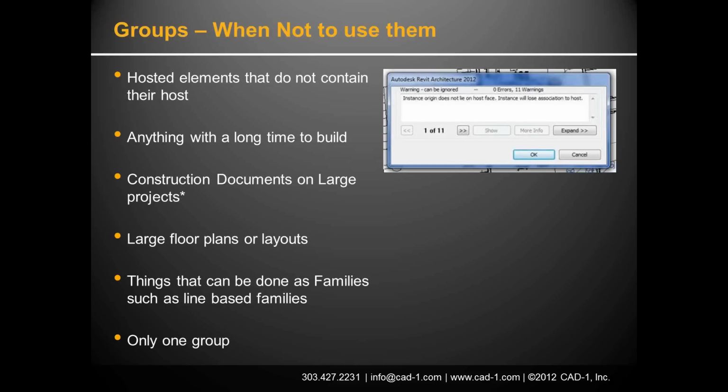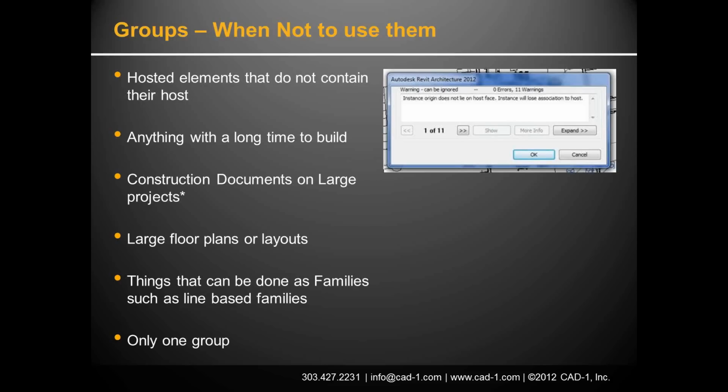Now, sometimes the group is the best option for you, but we want to eliminate all the other stuff out there. Large floor plans or layouts. So if you have one long, big floor, 40,000 square foot of equipment and furniture and all this other stuff, you want to get rid of those groups out of there.